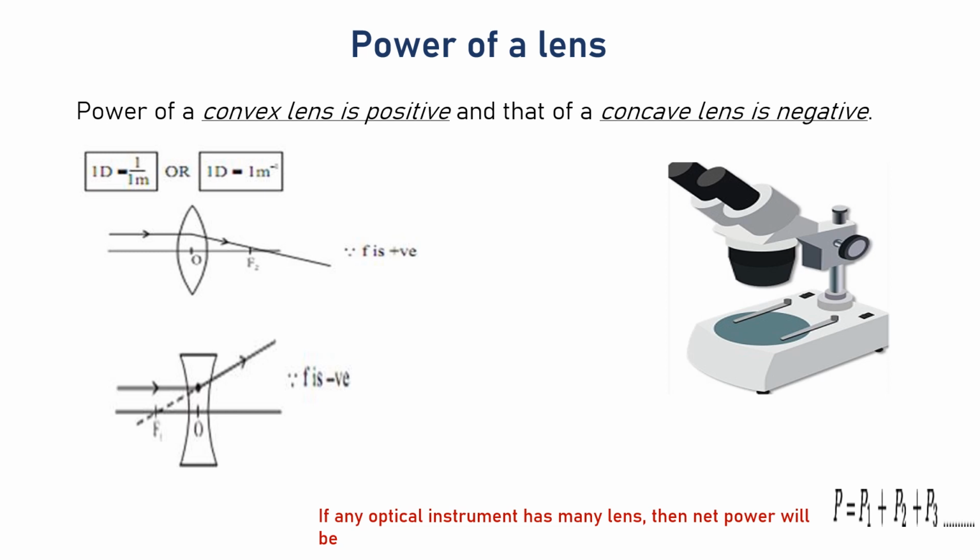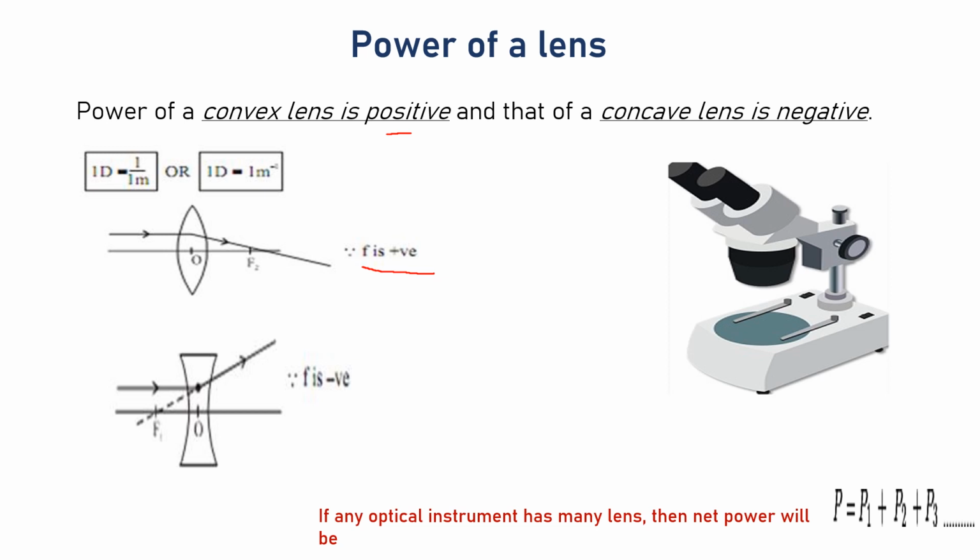The power of a convex lens is always positive. Why? Because if you see the rays over here, they are converging. Because they are converging and meeting at a particular point which is closer, that is why we take the power of a convex lens as positive.